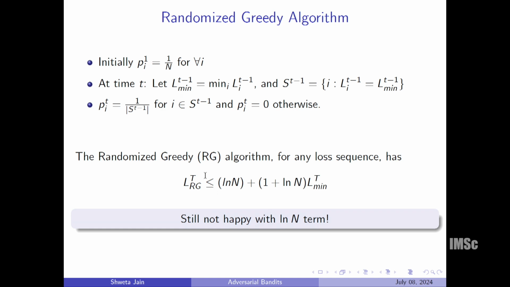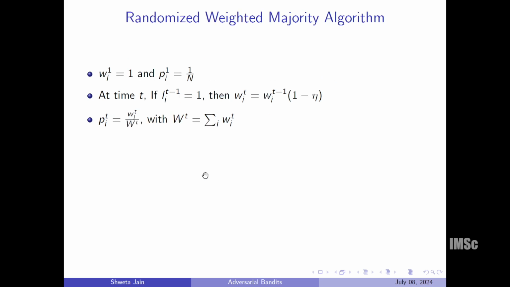So let us say at time t I have multiple arms which had incurred the minimum loss. I am putting equal probabilities on those. In the weighted majority algorithm, what I do is I increase or decrease the weight gradually. In the randomized weighted majority algorithm, initially I say that every arm is equal, as happened in the randomized greedy algorithm also, because I do not know anything about the losses.